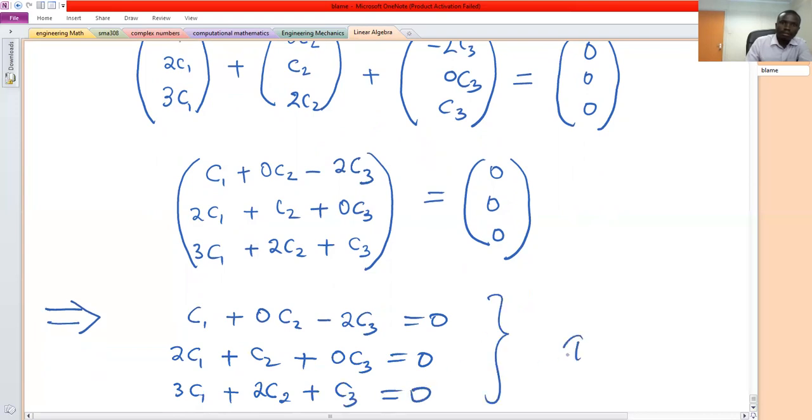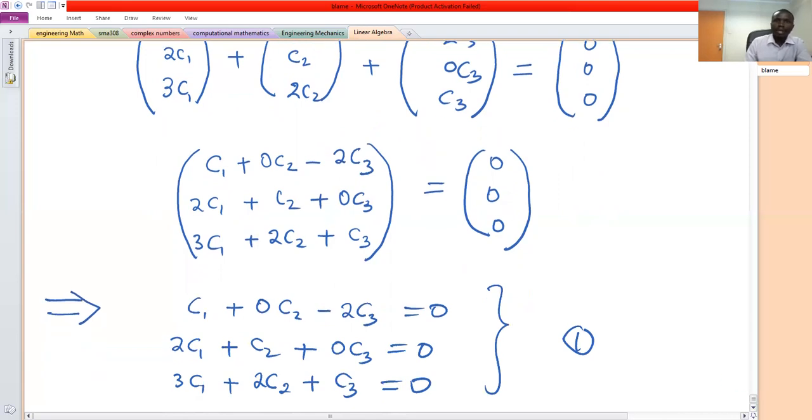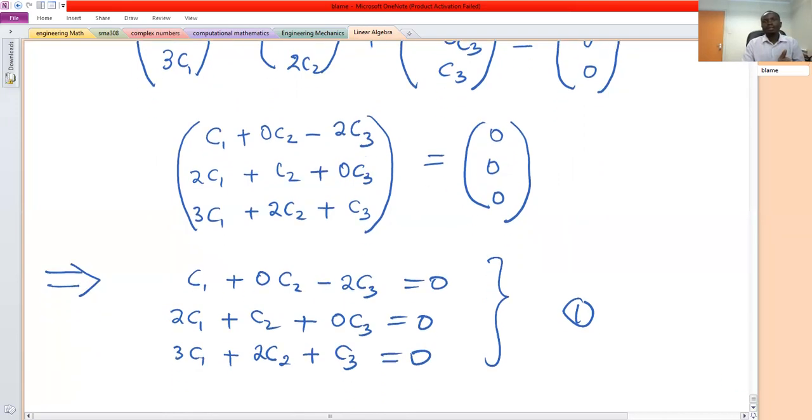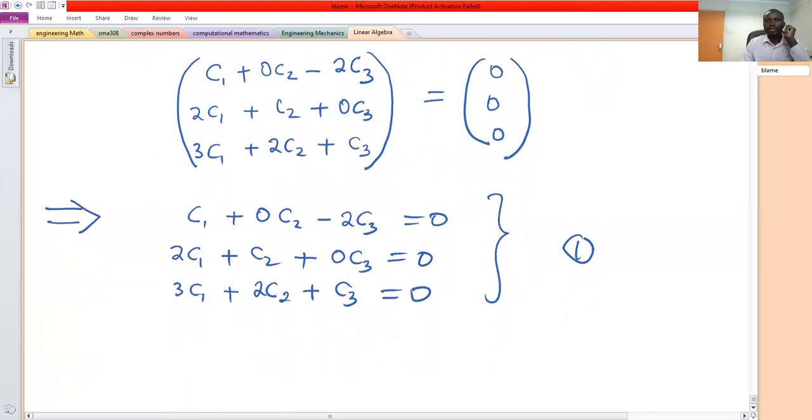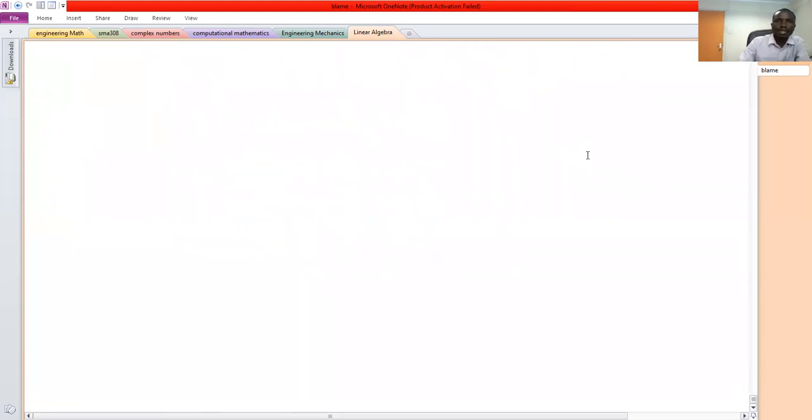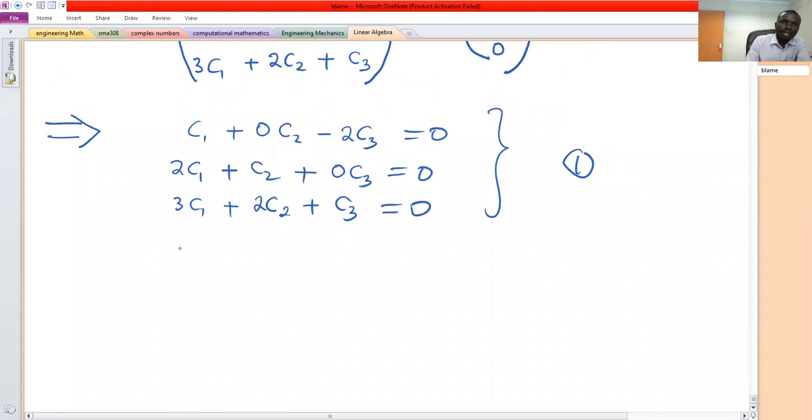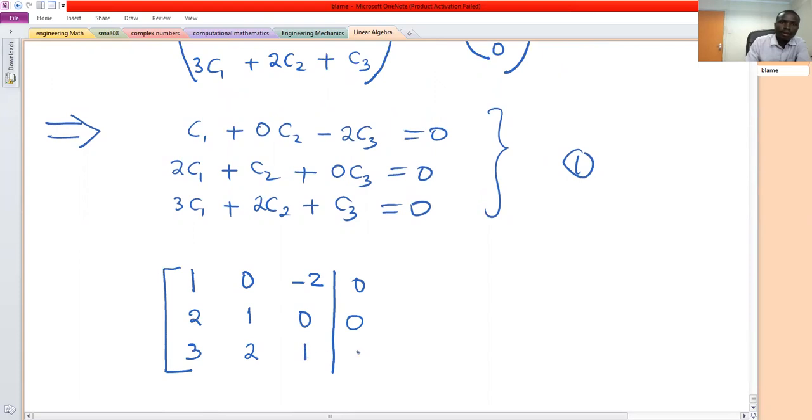Let me call this system 1. Now, you see, system 1 is simply a homogeneous system of three linear equations in three unknowns, C1, C2, and C3. So to solve this, let's write the augmented matrix. So we'll have 1, 0, minus 2, 0; 2, 1, 0, 0; 3, 2, 1, 0. This is what we call the augmented matrix.